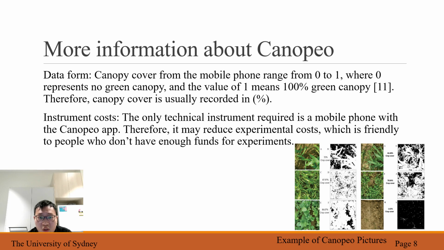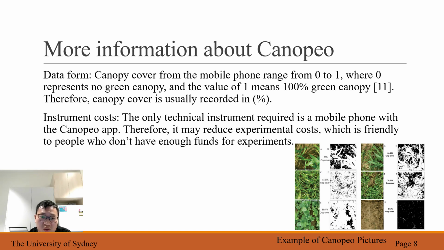This page is to give you more information about Canopy. The bottom right corner is an example of Canopy pictures. Canopy cover from the mobile phone ranges from 0 to 1, where 0 represents no green canopy, and the value of 1 means 100% green canopy.